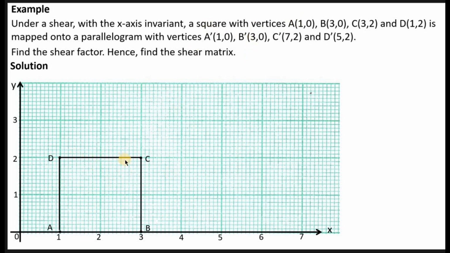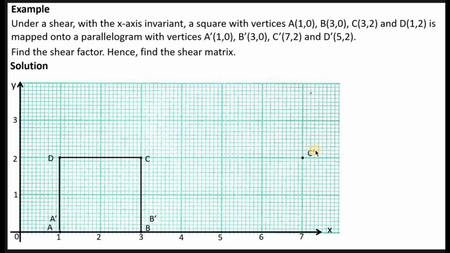Then we are told that this gets sheared to these new points here to form a parallelogram. A is 1, 0, so A' is at 1, 0, the same. Also B' is just here, at 3, 0. Then we come to C'(7, 2), so we go to 7, 2 here.